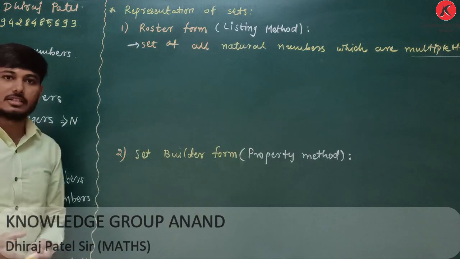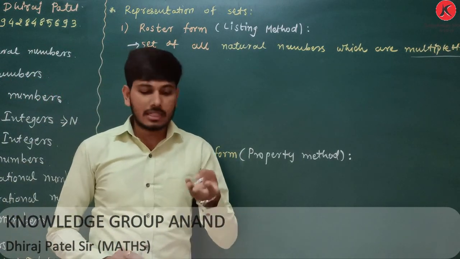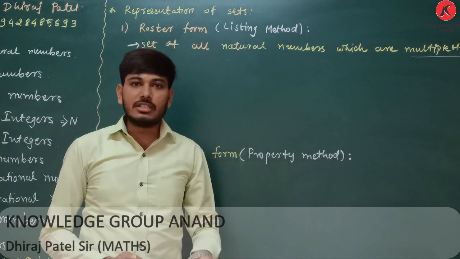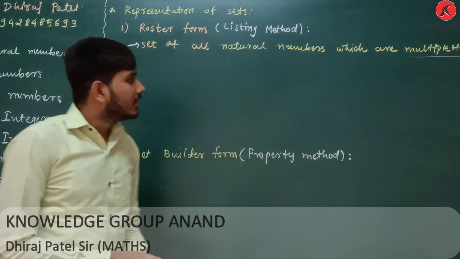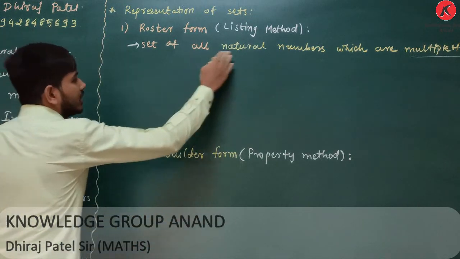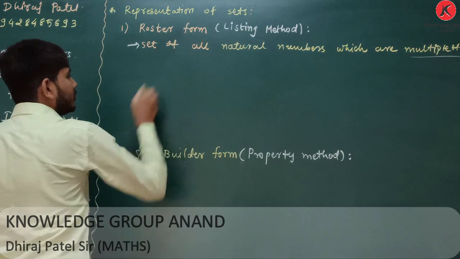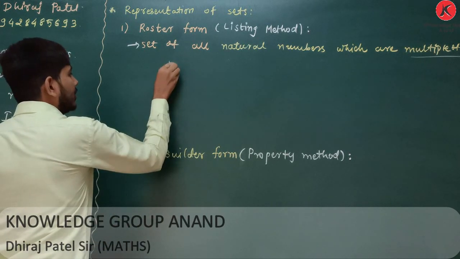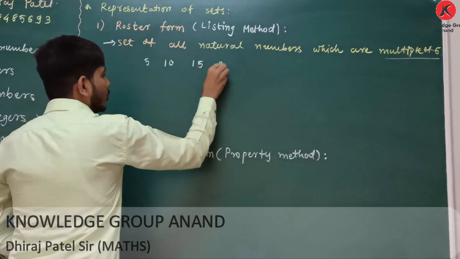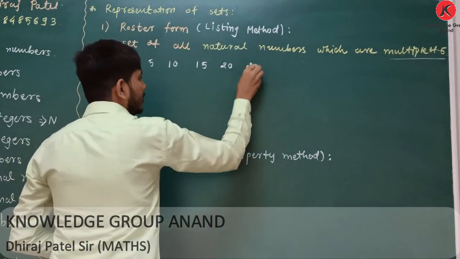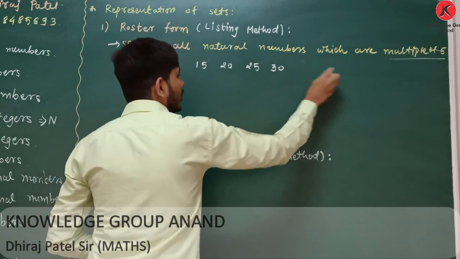We know that the multiples of 5 are 5, 10, 15, 20, 25, 30. Therefore, we can represent the elements which are 5, 10, 15, 20, 25, 30 up to infinite.